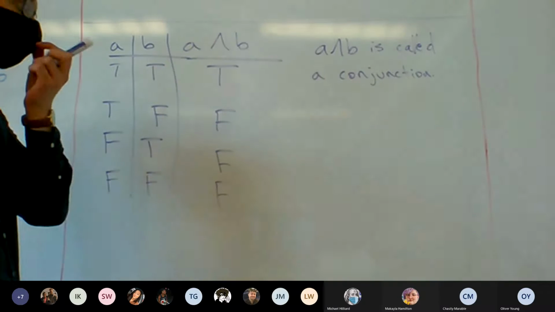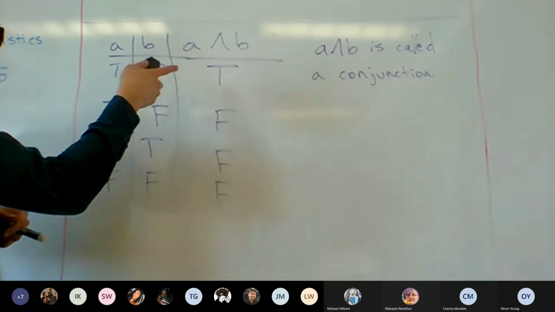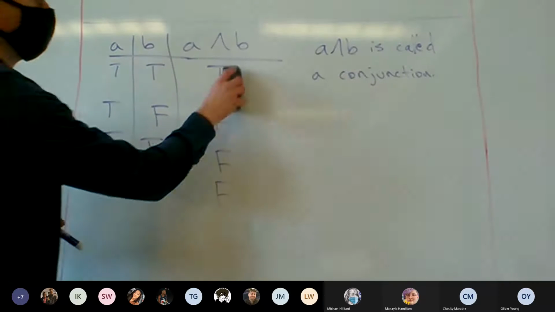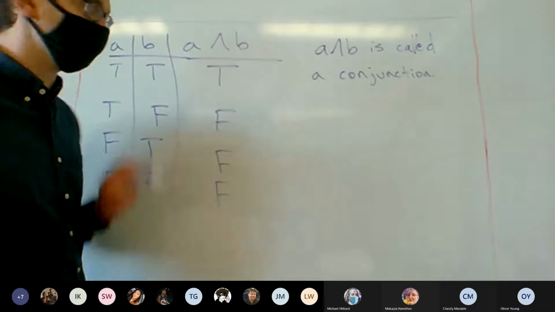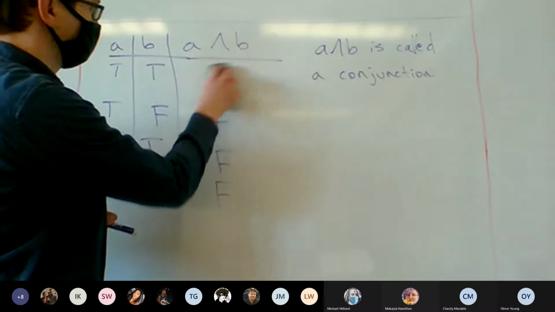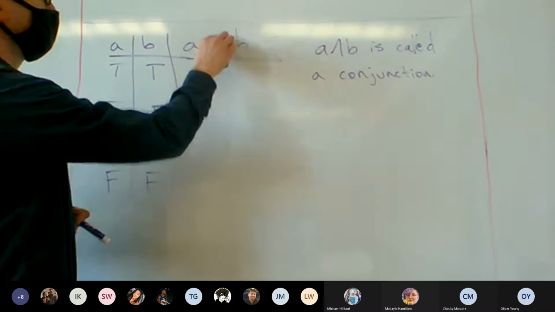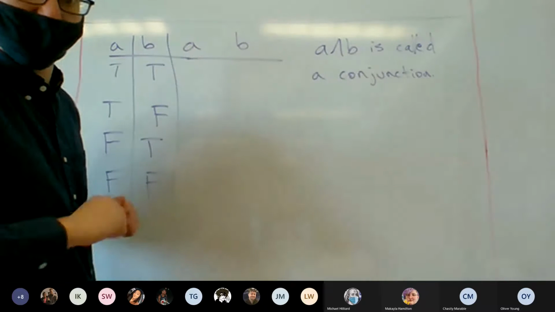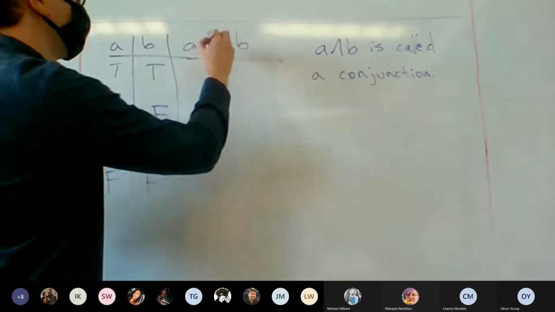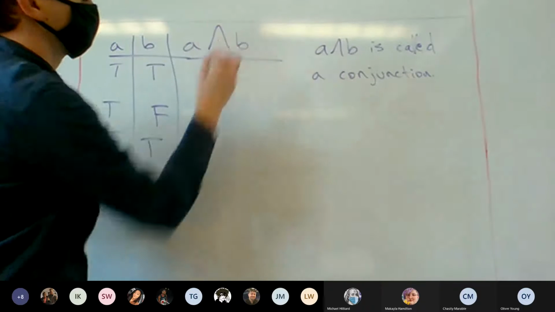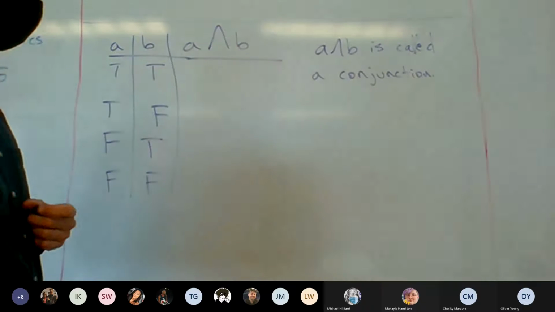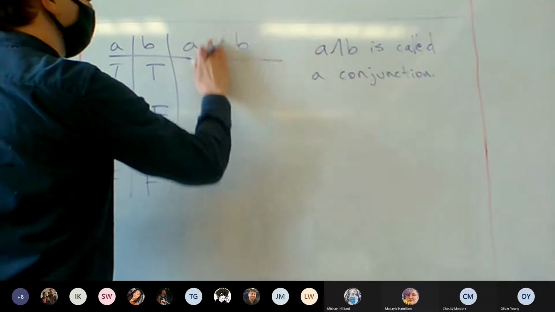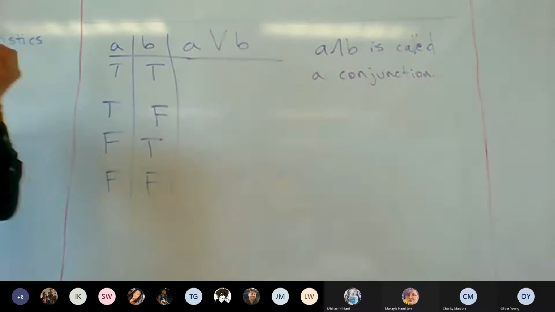All right. Now I'm going to move to the or. To make things easier for me, I'm just going to erase this column. You'll have to redraw a chart in your notes, or you can just reference the charts that we did last class. Oops, sorry, I meant to change this to or.